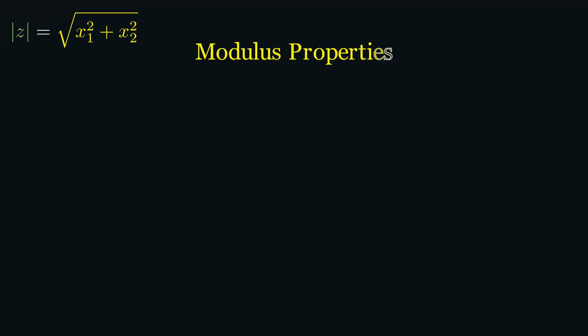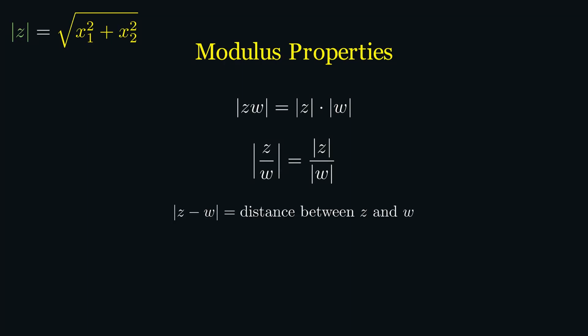The modulus has useful properties. |zw| equals |z| times |w|. Multiplying complex numbers multiplies their moduli. |z/w| equals |z| divided by |w|. And for real numbers, this definition agrees with the usual absolute value.